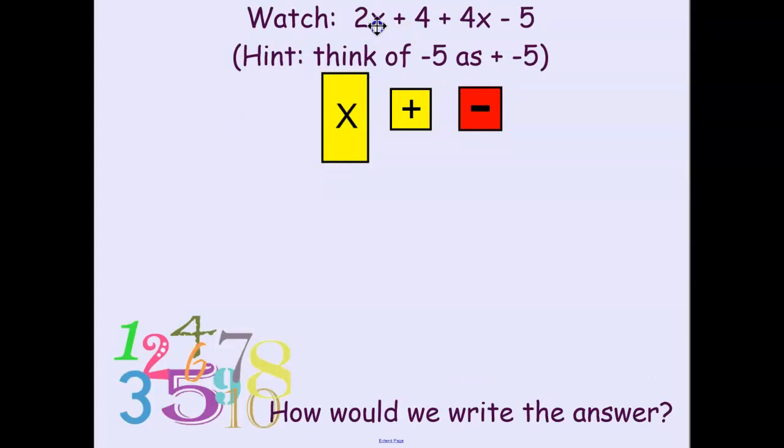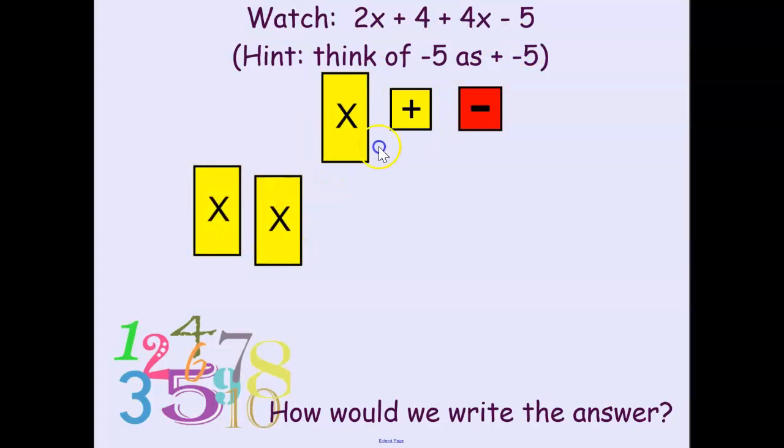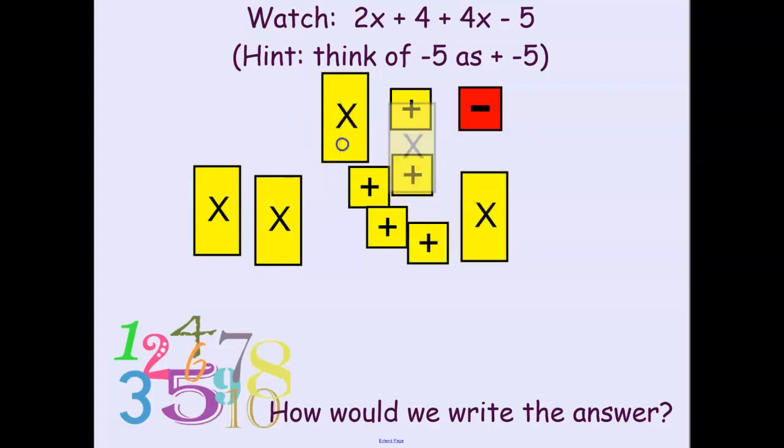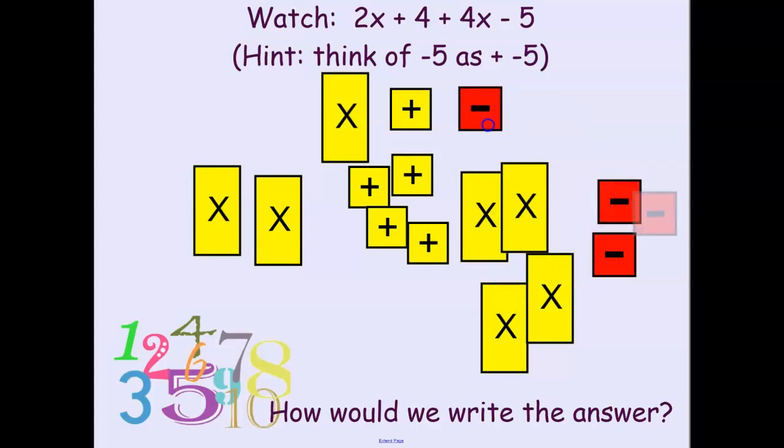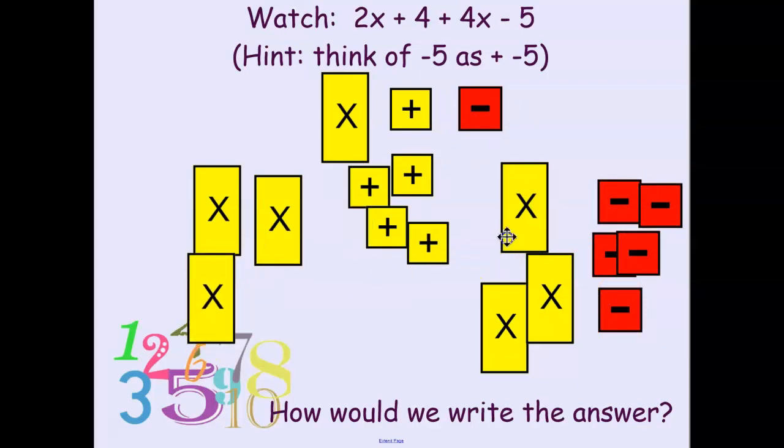All right, one more complicated one, 2x plus 4x minus 5. So I have 2x plus 4x, and minus 5, which I'm going to model by thinking of it as plus negative 5. Well, I can put my x's together.